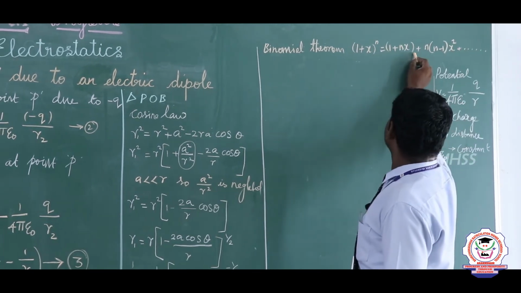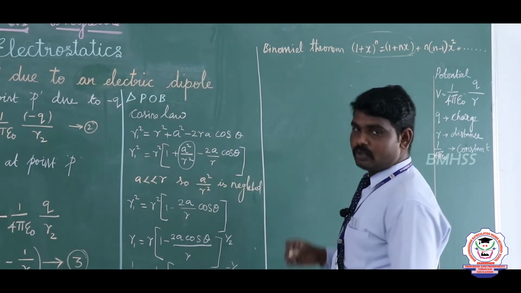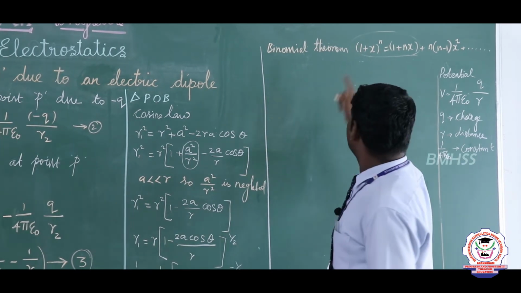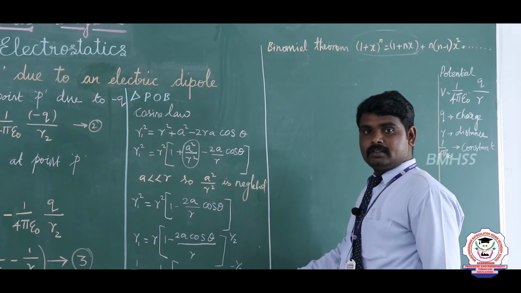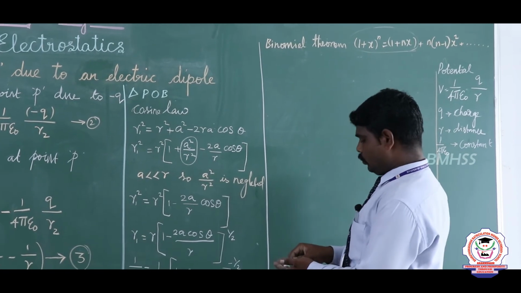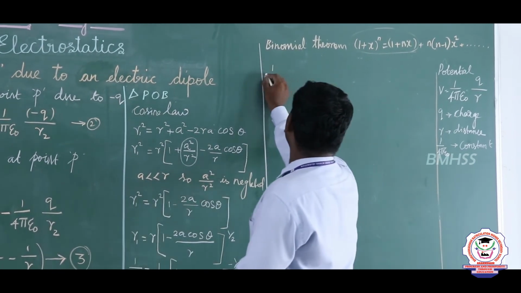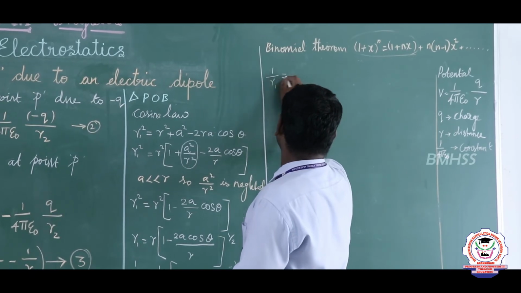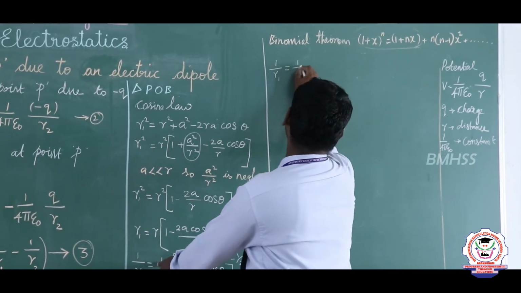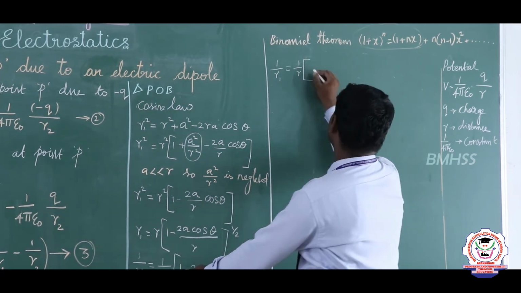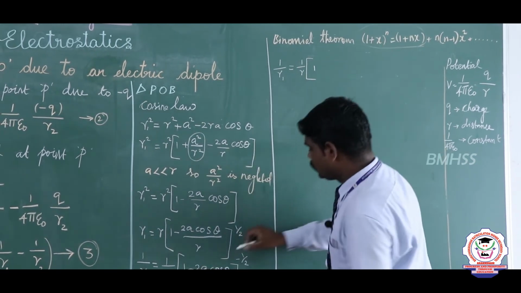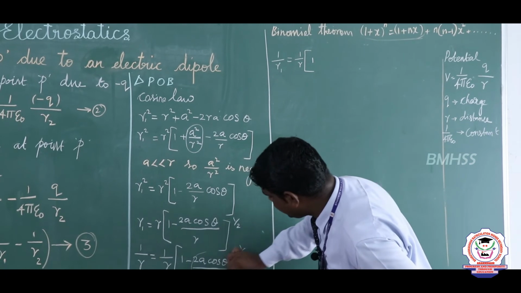Now I am taking this first term only. Now this binomial theorem applies for this term. Now 1 by R1 is equal to 1 by R into 1 plus x. So this term fully we have to take as x.